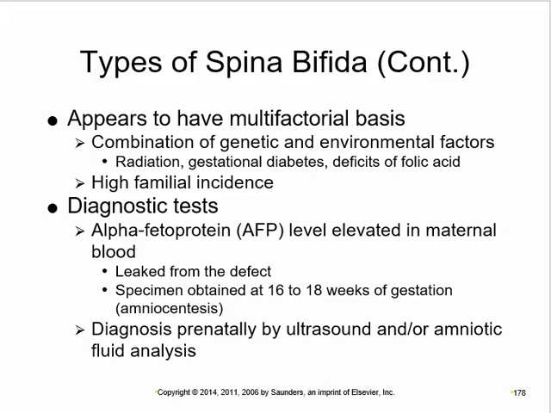We tend to want to know this and be prepared early. So ultrasound of the developing fetus and amniotic fluid analysis will do it. Amniocentesis is how we get the fluid.